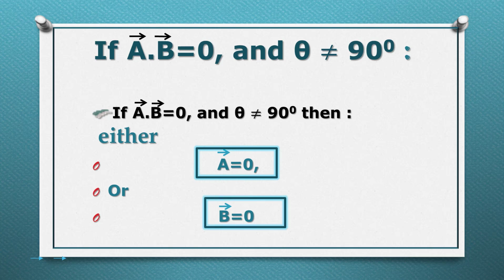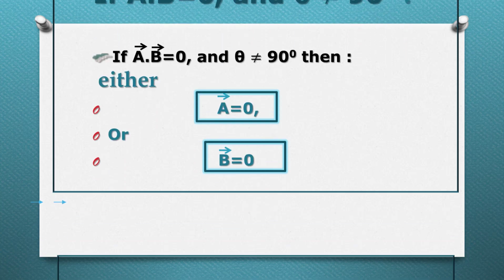Okay, either A is 0 or B is 0, or null vector. Either say it as 0 vector or null vector. So we will say, if the dot product is 0 and two vectors are not perpendicular, then either of them should be a null vector.